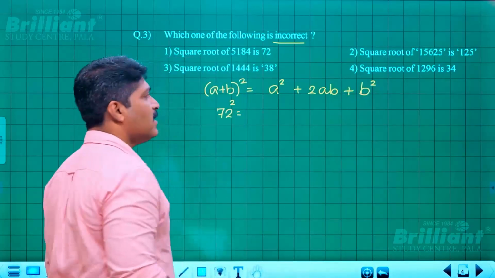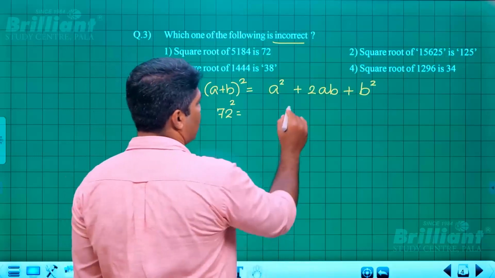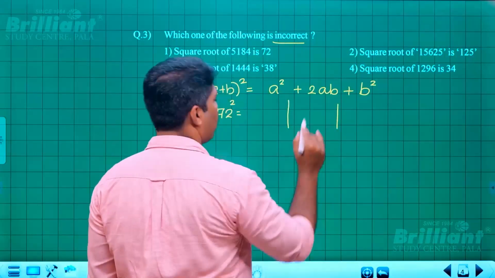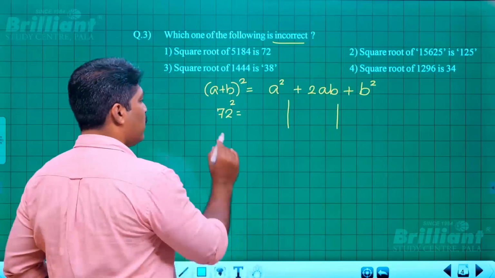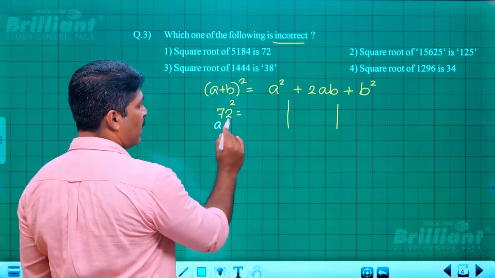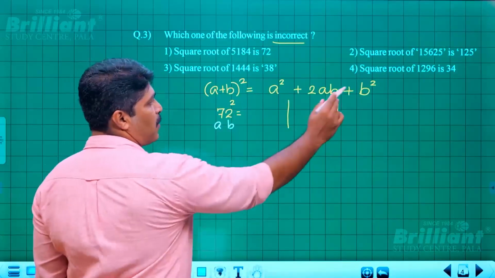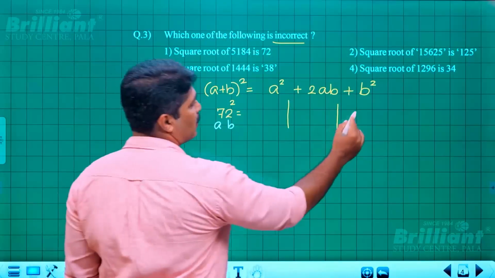By using this expansion, we can find the square of 2-digit numbers. Our answer has 3 places, and you start the operation from the right side. Here consider 7 as A and 2 as B. So instead of b square, you write 2 square.